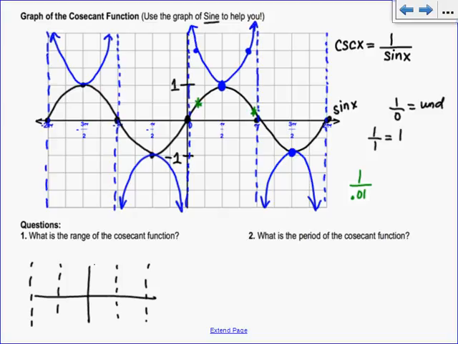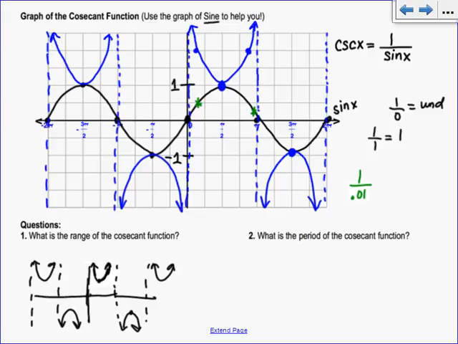The first one's going to be a bump here, the second one's going to be a bump here, and so on. They're going to alternate the direction that they go. But for the top bumps, the lowest that they go is 1, and the highest that the bottom ones go is -1.